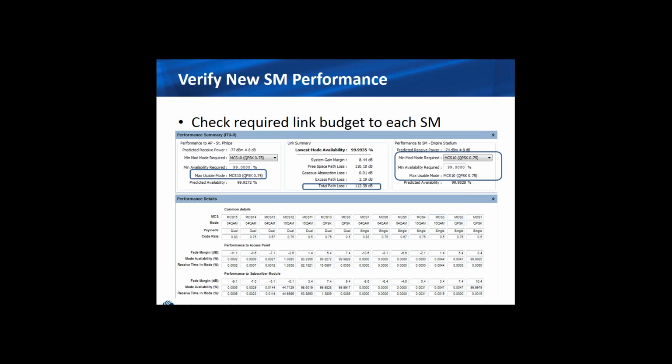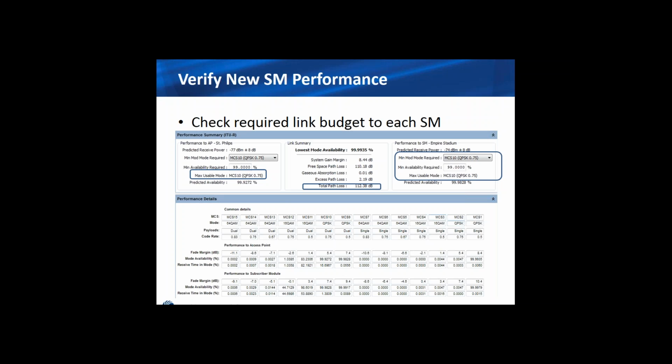In the middle, we can see the prediction of the lowest mode availability. We can see some information now about the gain margin, the fade margin that you have at lowest mode, the amount of excess path loss that we're incurring on this link due to the obstructions we've put in, and hence the total path loss of the link.